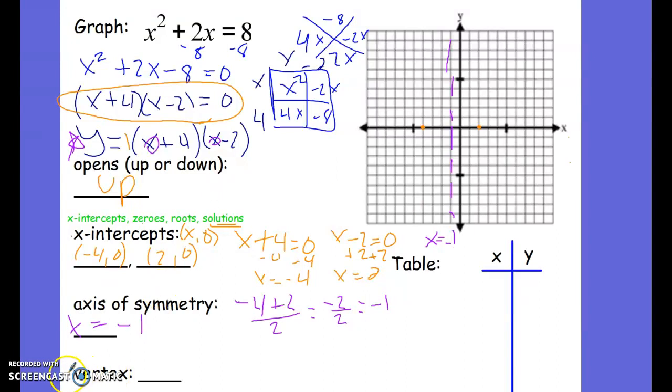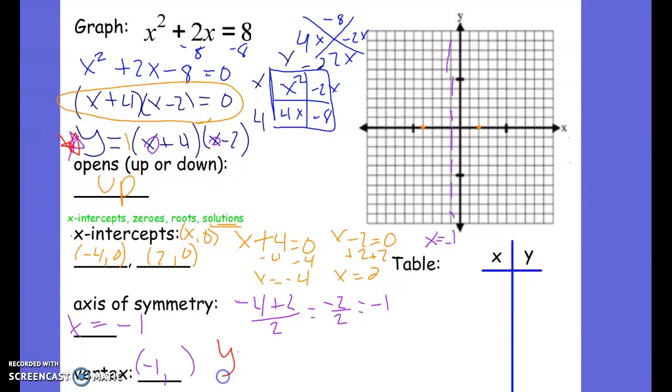Your vertex is always going to be on your axis of symmetry. So since we know our axis of symmetry has an x value of -1, we already know part of our vertex. And if we know that the x value is -1, we can plug it into our equation in order to find our y value.